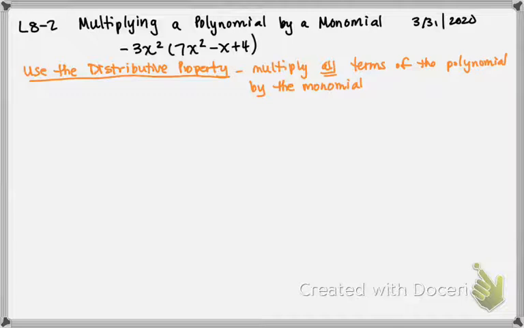We've got to multiply the coefficient and the coefficient, but we also have to multiply the variables. So we have to follow exponent rules. When I multiply and the bases are the same, I'm going to add the exponents. At the same time, we also have to be mindful and watch the signs.